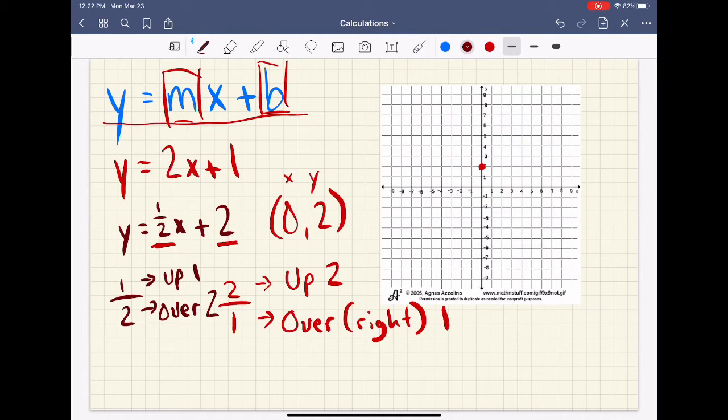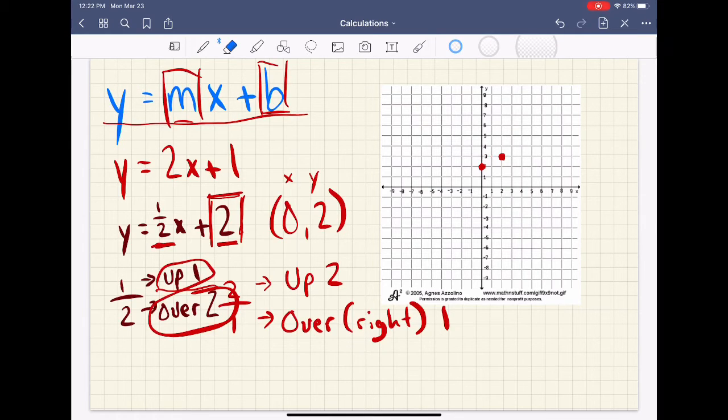So, going back to our line here, we started at the point 0, 2 because that's the y-intercept of this equation. And then we're just going to go up 1 over 2. There's our next point.